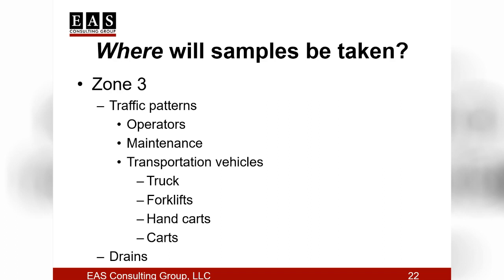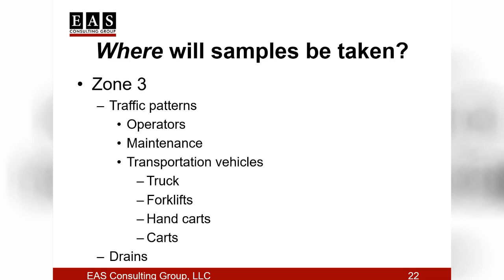So I've talked about getting that blueprint for marking any positives, but also what I do is I get hold of a blueprint and I do talks with the operations personnel and anybody else who's traveling through the facility to find out what the traffic patterns are. I observe the forklifts, hand carts, and carts, for example, maintenance carts, and just find out where they are as well.